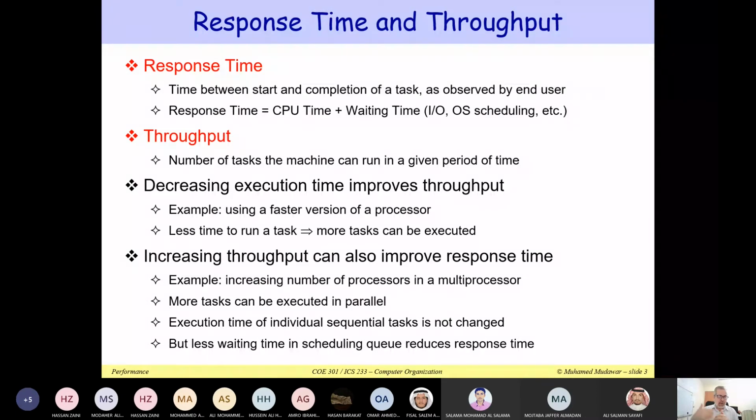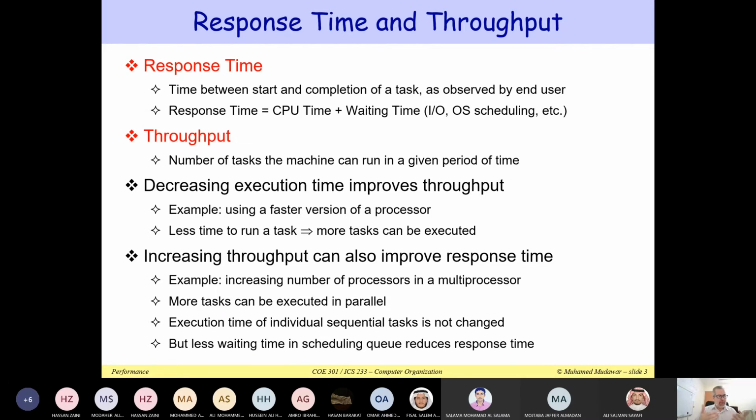Increasing the throughput can also improve the response time. So these are related. For example, if we use a multiprocessor with a large number of processors and you have more tasks, we can execute them in parallel on different processors. Because they are running in parallel, we can increase the throughput.